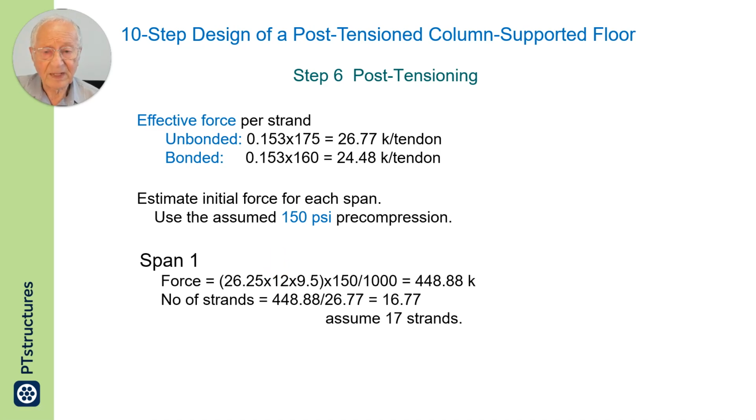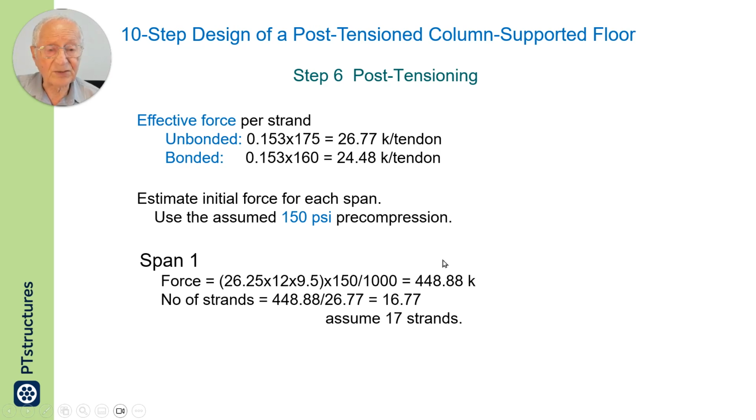I look at span number 1, the force needed at span number 1. I take the cross section of the span. This is the width of the span, and this is the thickness of the span. The width of the span is 12 inches, and 150 psi is what I assumed.